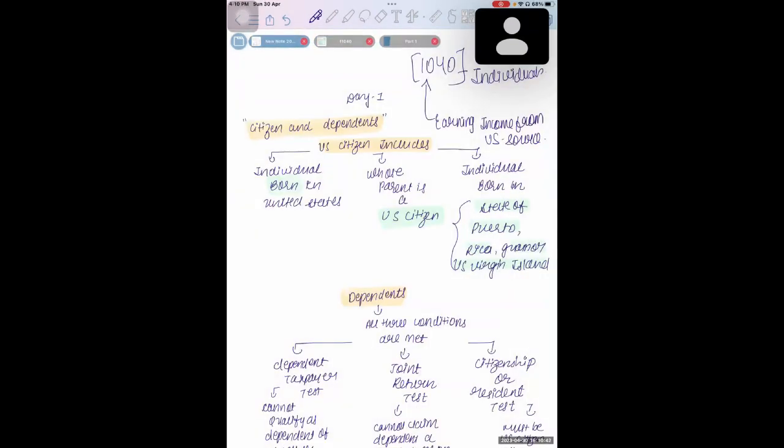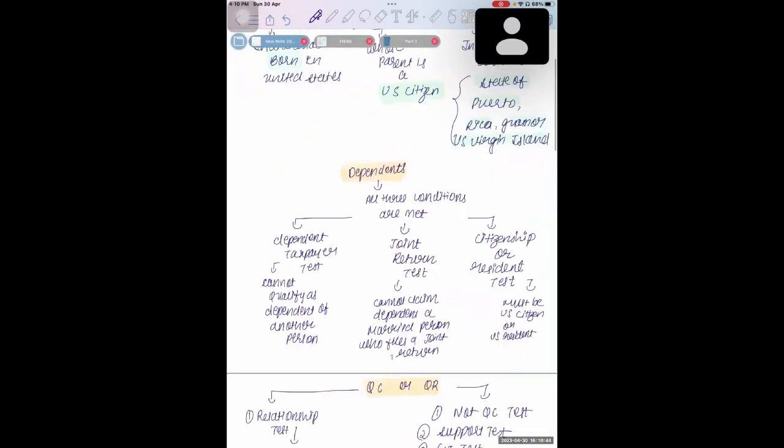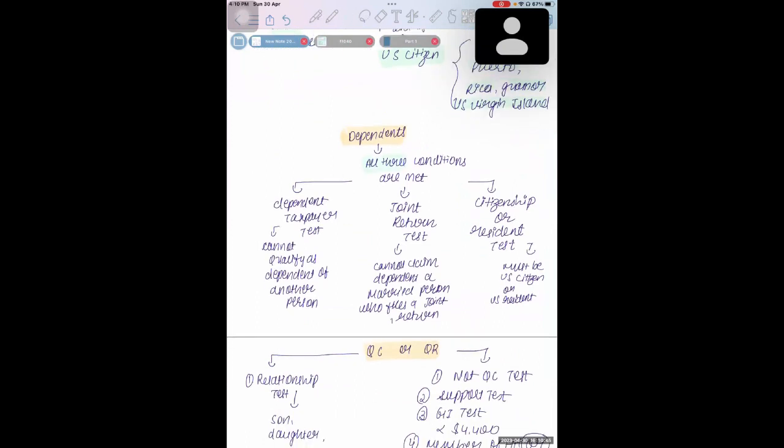If a person meets all three conditions, then he will be considered a dependent on your tax return. Let's say Mr. A is our taxpayer.